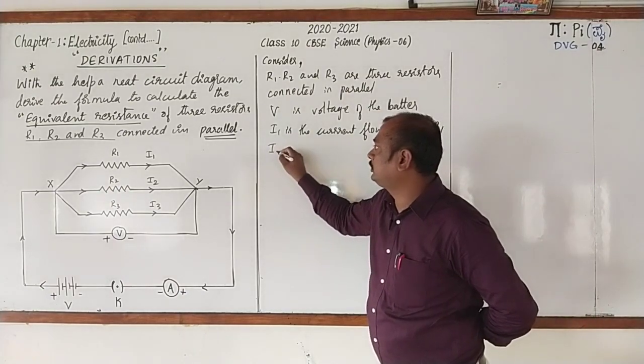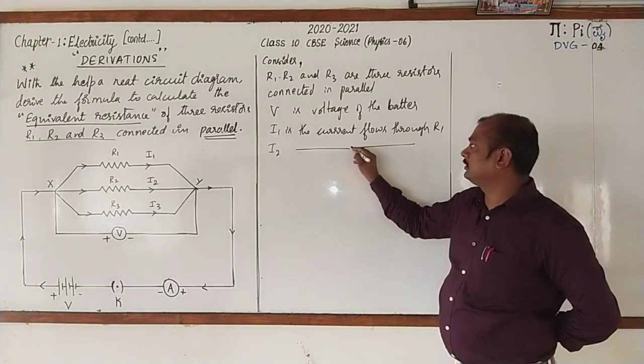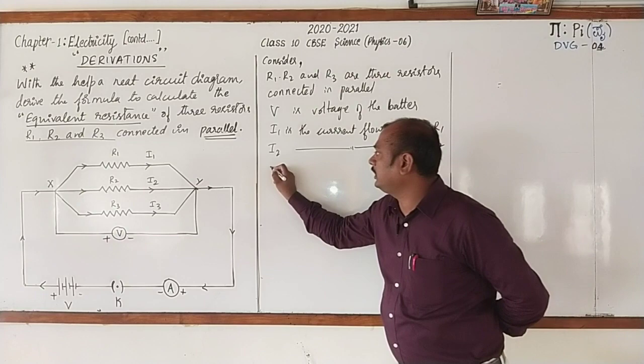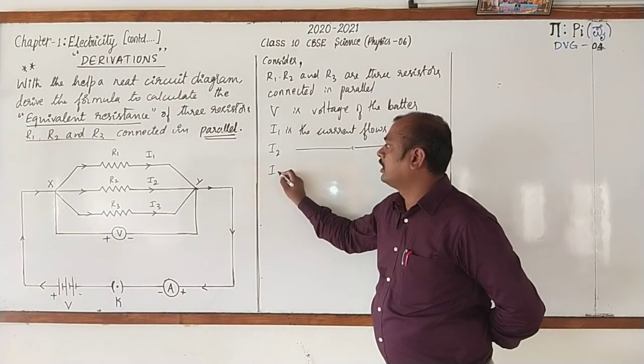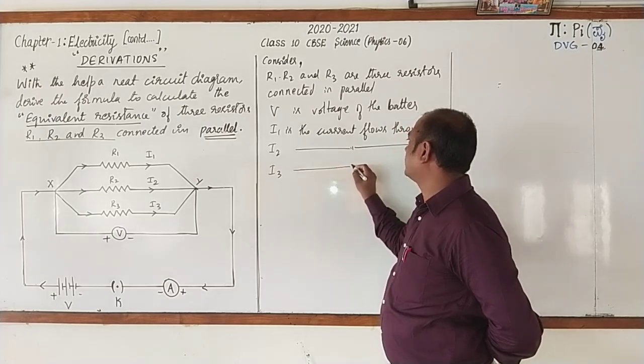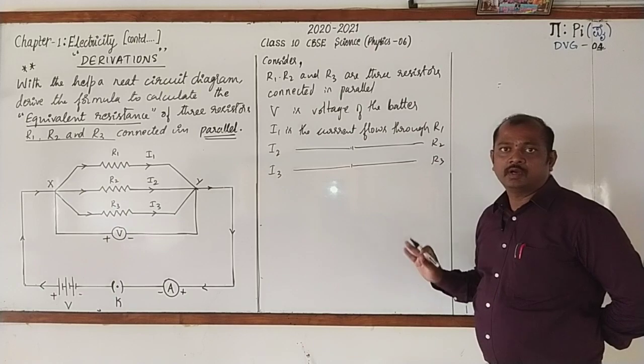Similarly, I2, but you have to write in a sentence, but I am using the ditto symbol, through R2. Current flowing through R3 is taken as I3. I3 is the current flowing through R3. Understood?